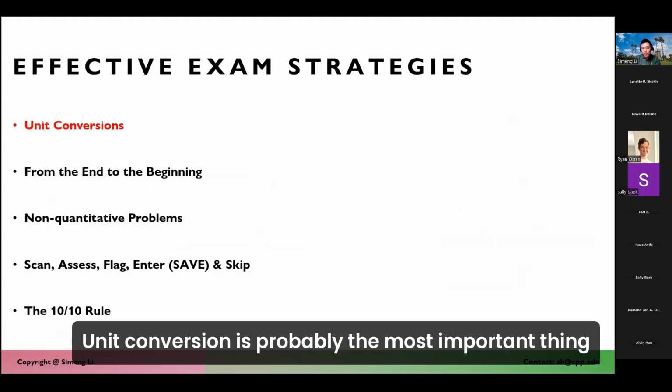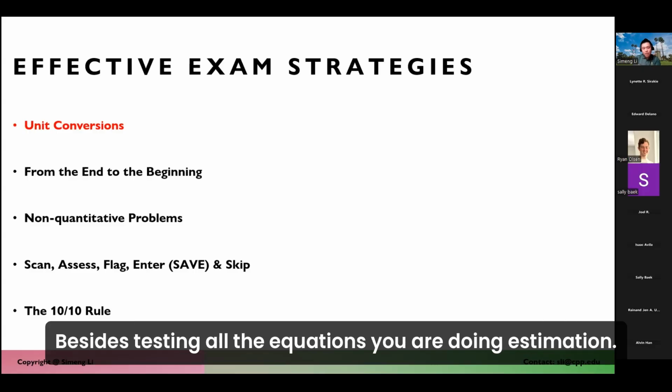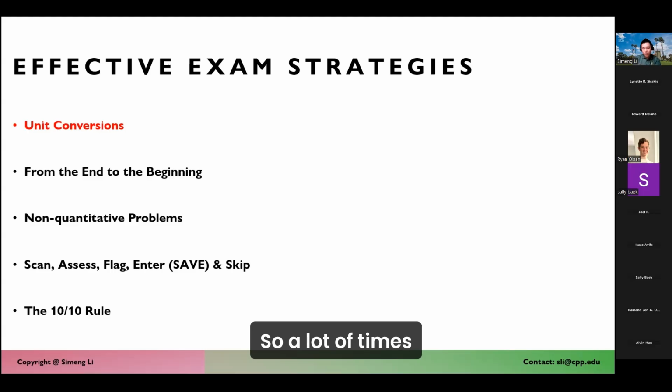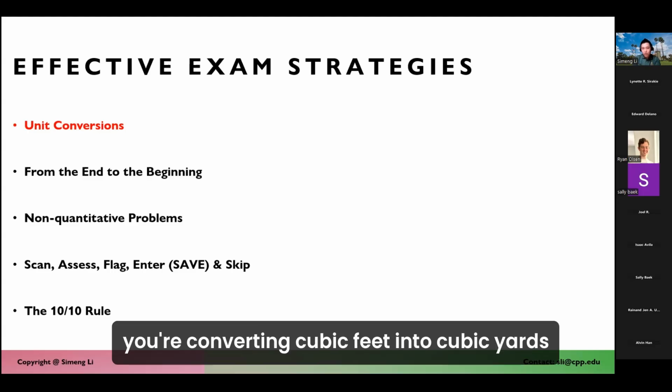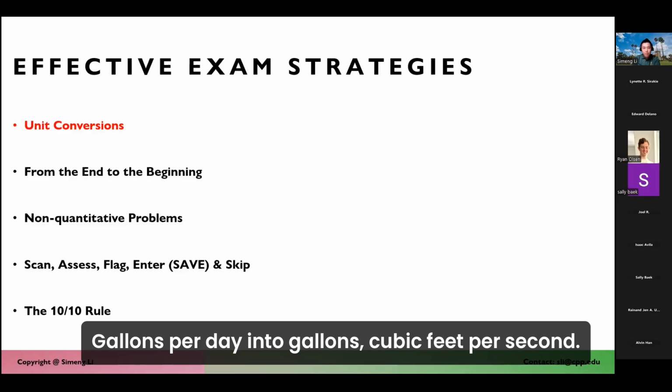Unit conversion is probably the most important thing you need to know about this examination. Besides testing all the equations, you are doing estimation. So a lot of times you're converting cubic feet into cubic yards, gallons into cubic feet, gallons per day into cubic feet per second.